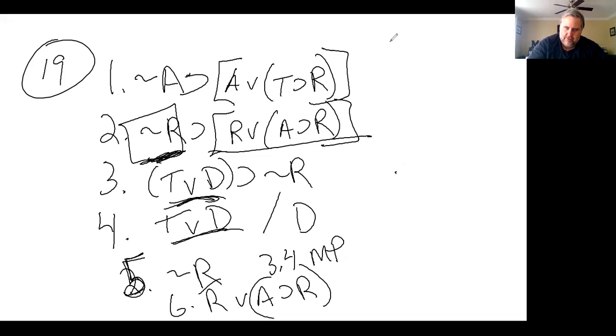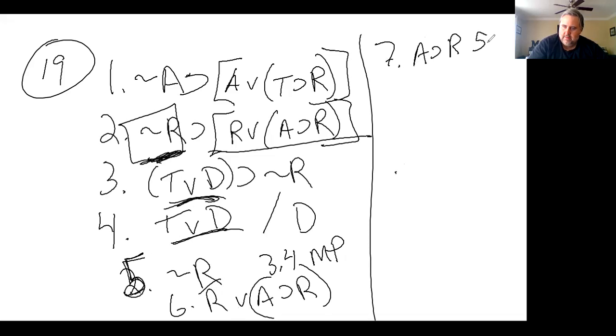So we now have tilde R, which is the negation of this disjunct, right? So we could just do, via number 7, A horseshoe R via 5 and 6. My face was in front of that. I don't know if it was showing up there for you. Disjunctive syllogism, 5, 6 ds.